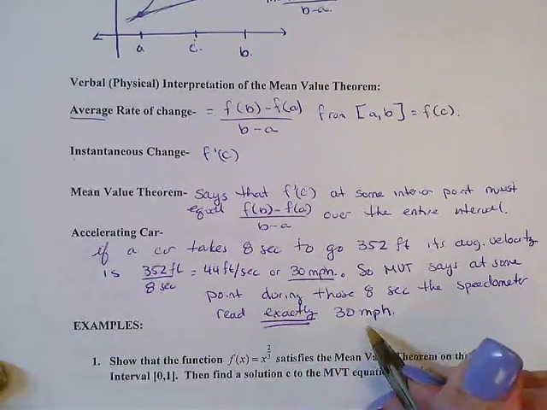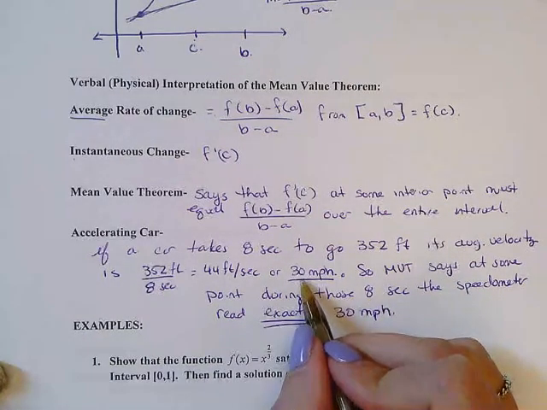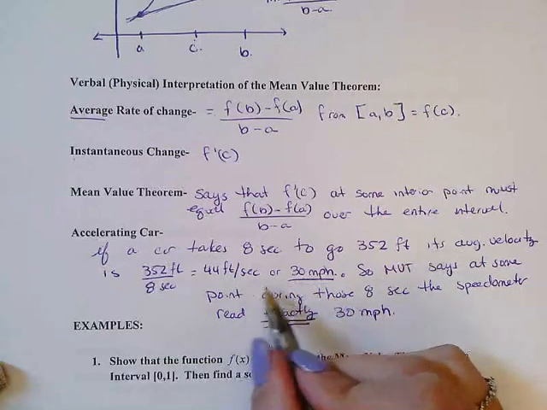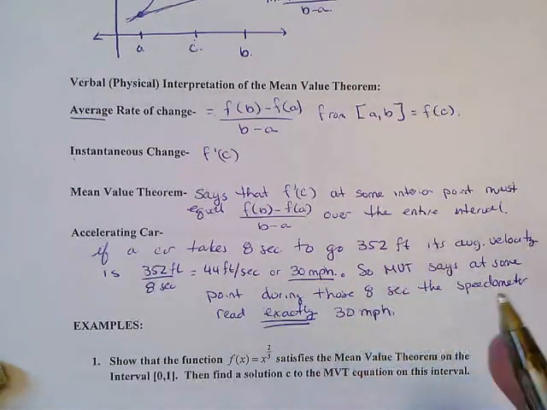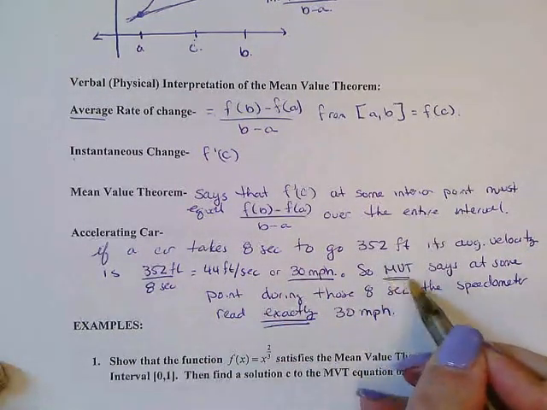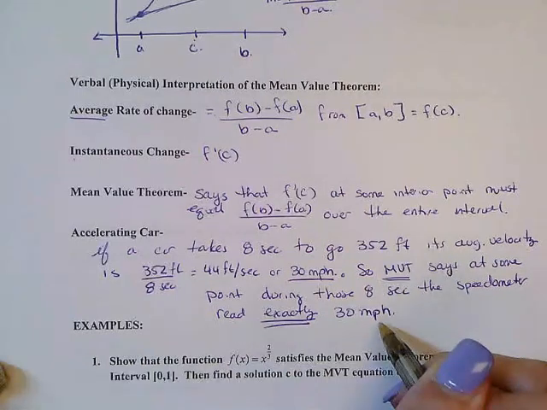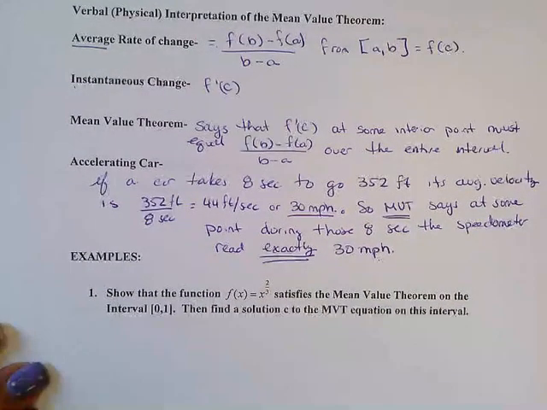Because remember, we talked about this, right? Just because you're going an average velocity of 30 miles per hour doesn't mean that you're going 30 miles per hour from beginning to end. It just means, you know, you're approximately around 30 miles per hour. But what the MVT says is that somewhere in between, we did get a reading of 30 miles per hour.